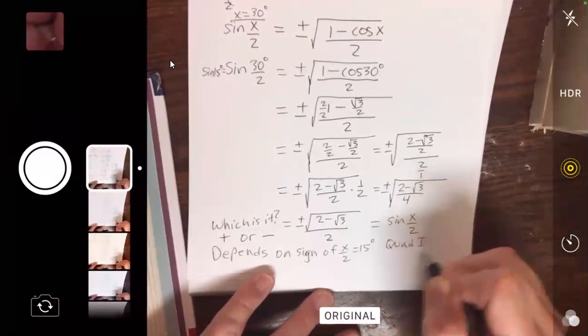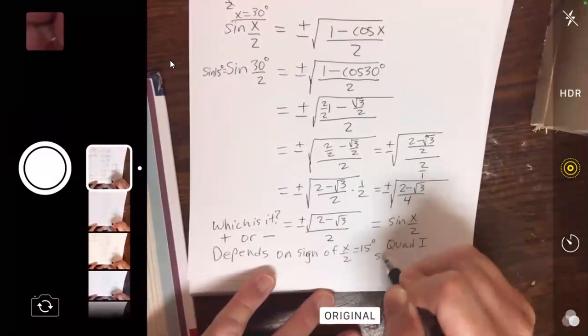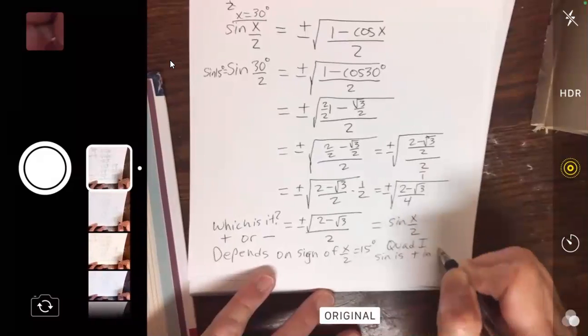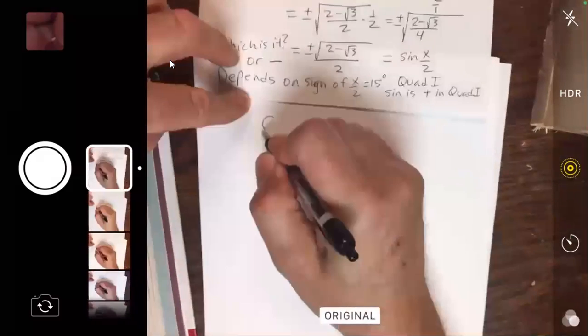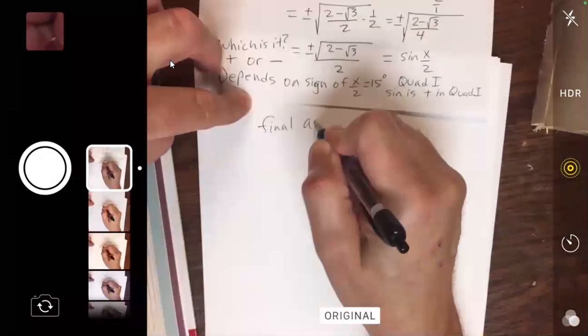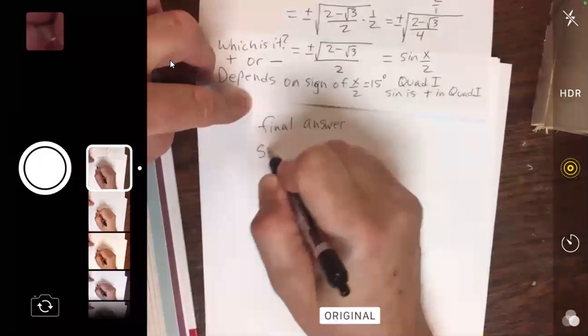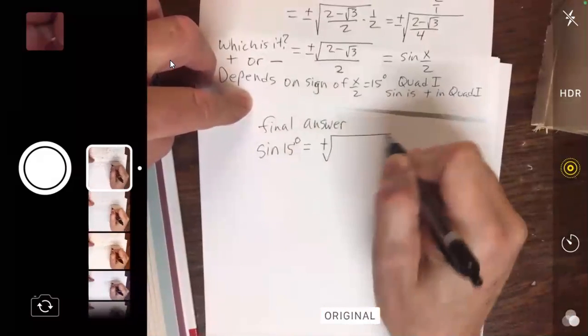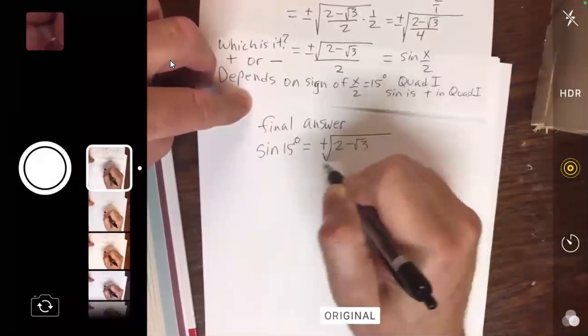Sine is positive in quadrant 1. So the final answer, ran out of room: sine of 15 degrees winds up being positive square root of 2 minus root 3 all over 2.